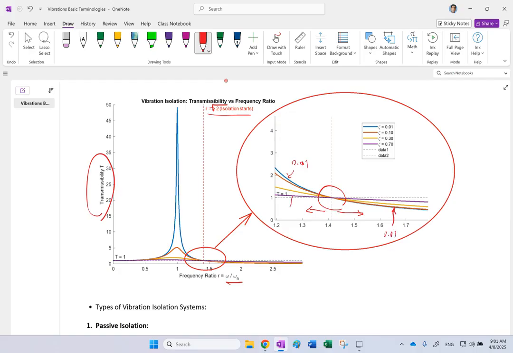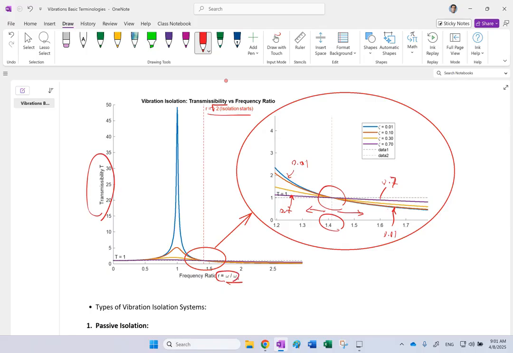And the one that was below all of them on the left side, which is 0.7, now when you go to the right side, it is above them. So the order of this magnitude would reverse for different zetas, based on the ratio of omega over omega n, and this ratio is square root 2, where the transition happens.